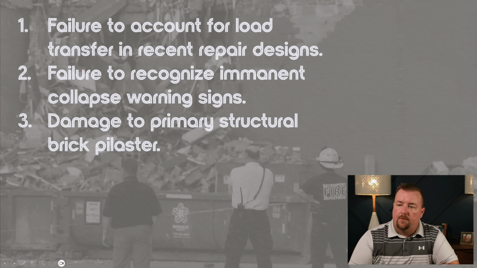I think the second problem was that there was a failure to recognize imminent collapse warning signs. I think if you go back, and I've spent a lot of time now, hours and hours and hours, studying these photos, studying the drawings, really understanding the sequence of events that happened out there.